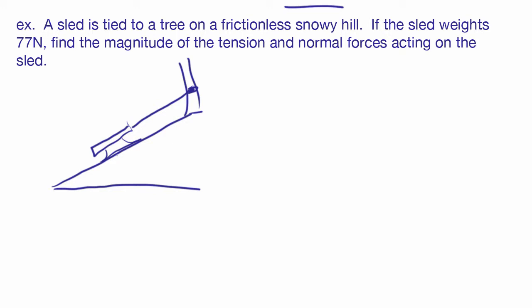All right, that's a horrible sled. So it is. Okay, so we're looking at the sled, and we want to find the magnitude of the tension and the normal forces. Well, that reminds you that there are tension and normal forces acting on the sled, but that shouldn't be too surprising.